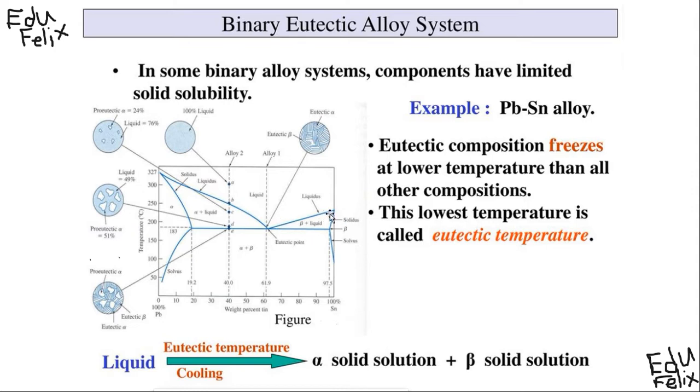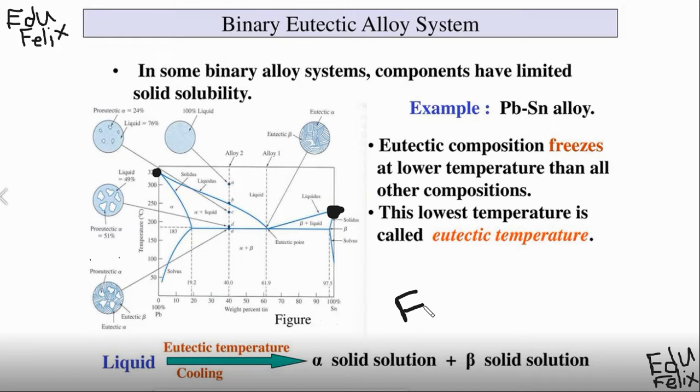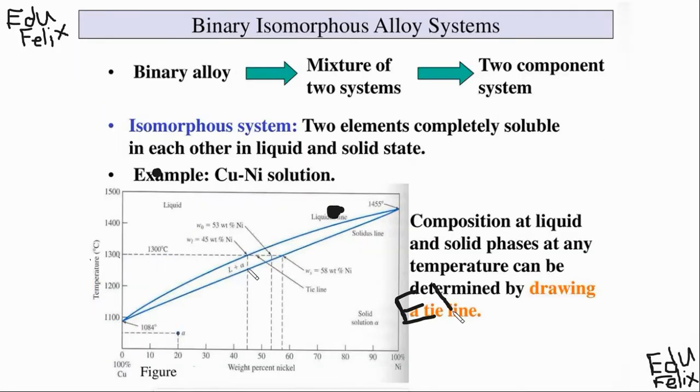That is the difference, because here this is the pure tin melting point, and this is the pure lead. But in our previous cases, both were in between these two points, none below and none higher.